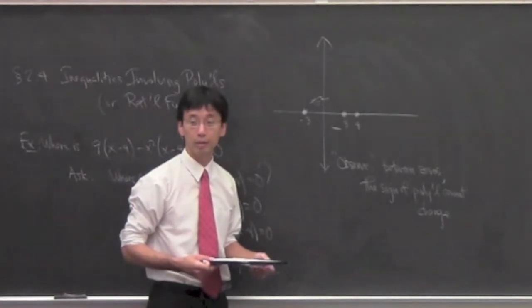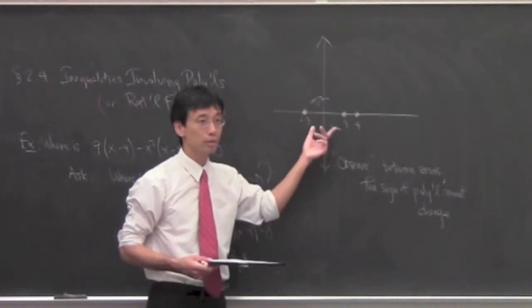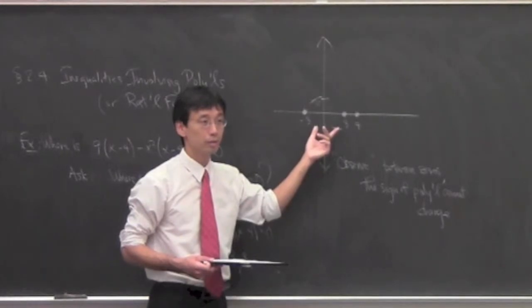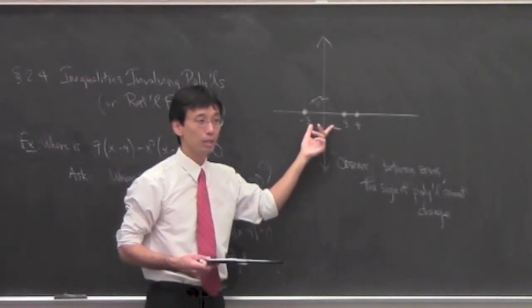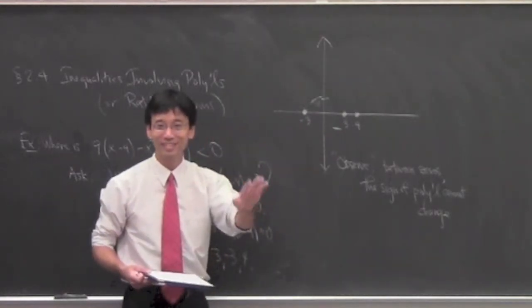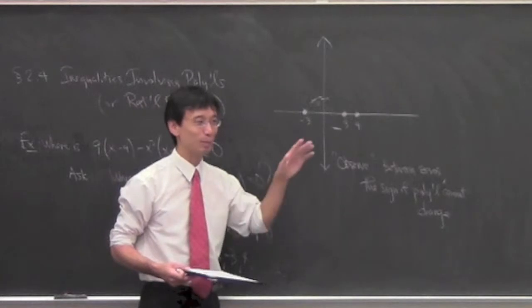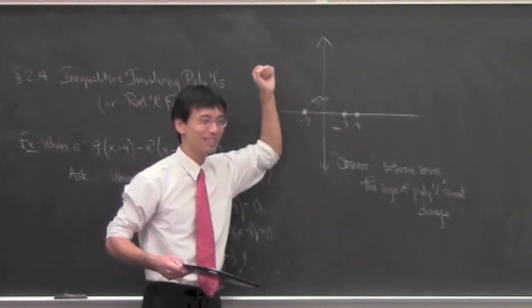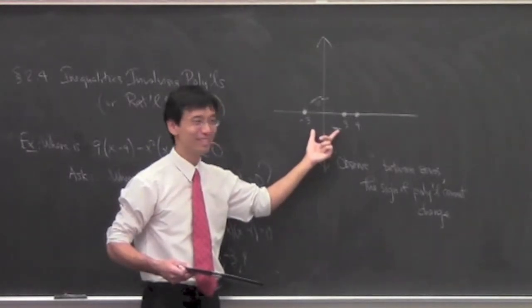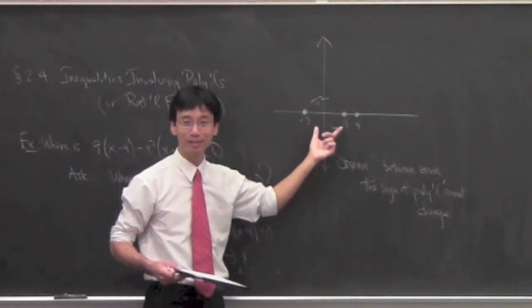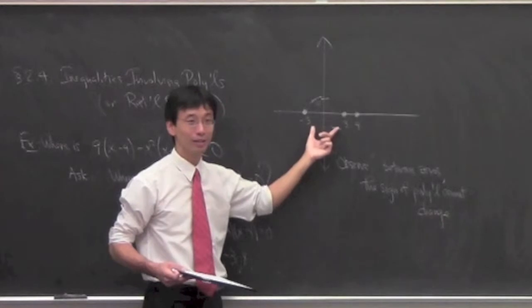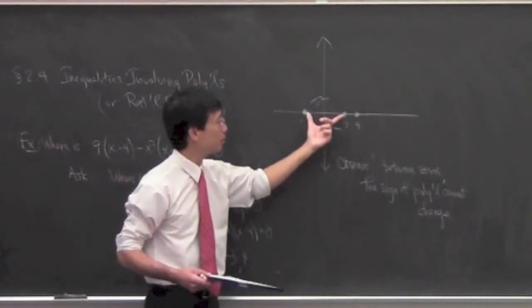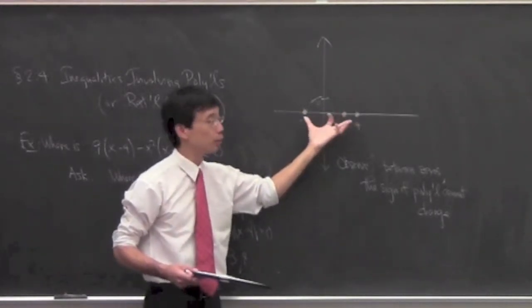Okay. Why not? Why couldn't this happen? We've got these two zeros here, and these are the only zeros.